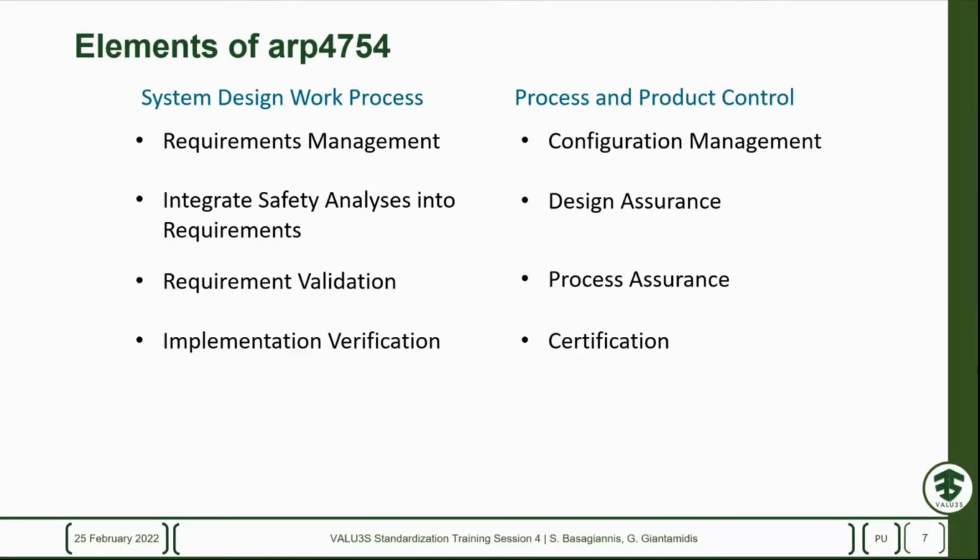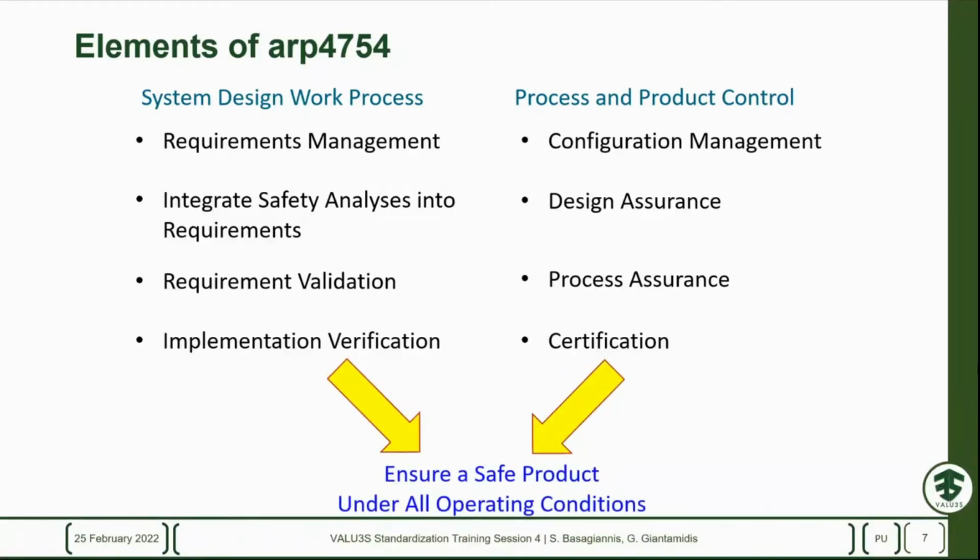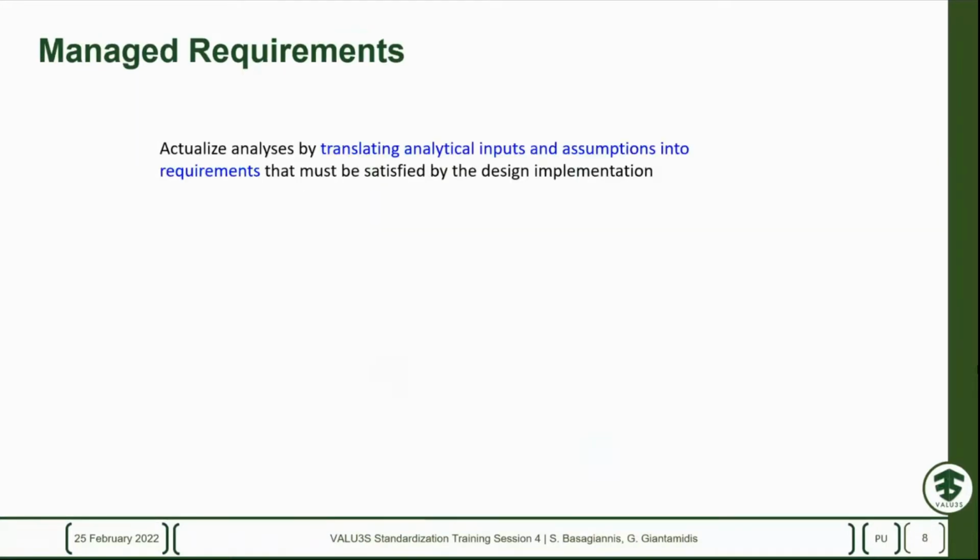So we also need to control the current configuration from a system perspective, and then flow down again whether this offers us some design assurance, whether this will be acceptable from a certification perspective. All of this is towards ensuring a safe product and safe aircraft operations under all conditions.